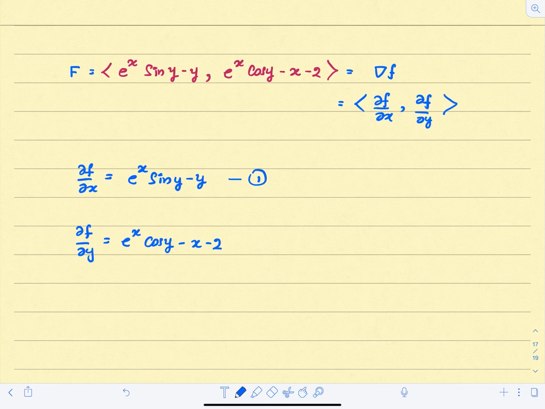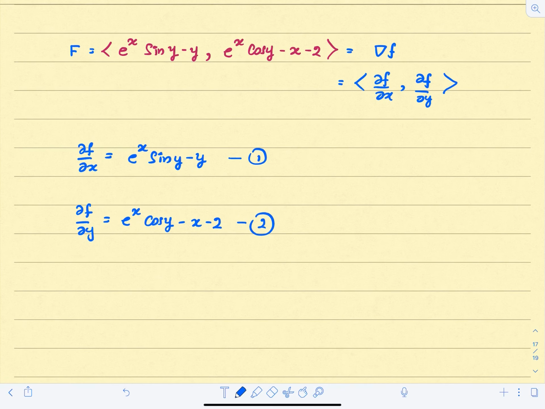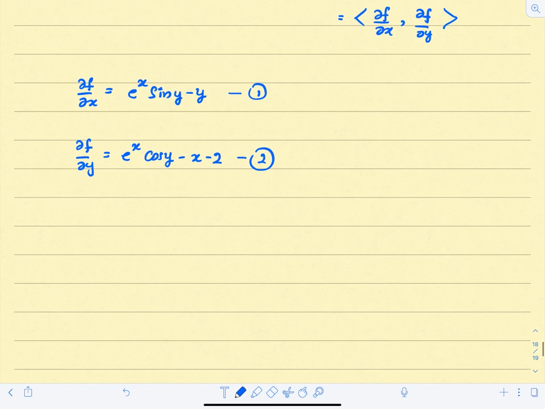Now let's find what our little f is. So I'm going to consider equation 1.